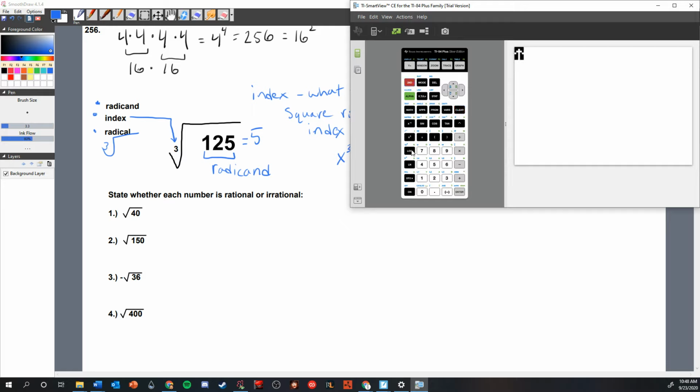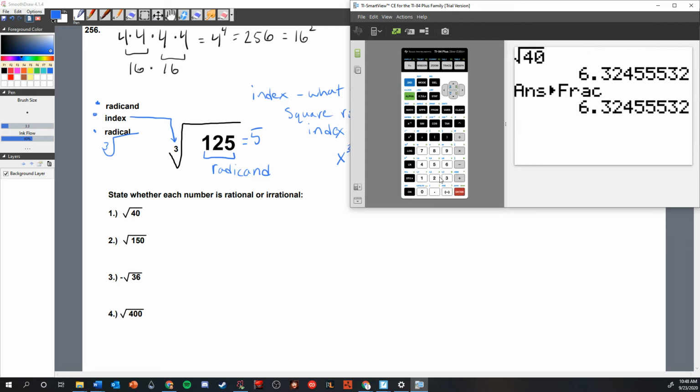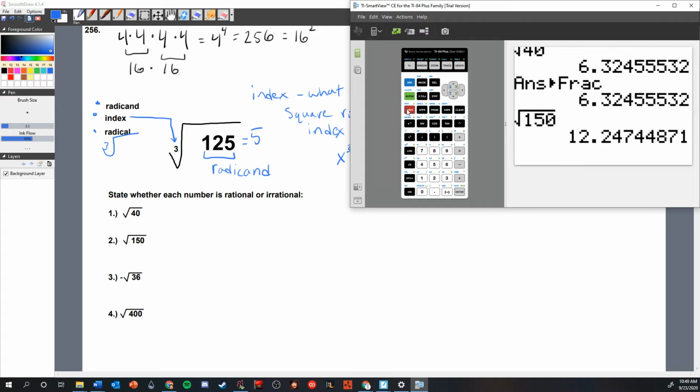So let's see. The square root of 40. I don't think I can write that as a fraction. Let's try math frac. Nope. So that's irrational. Let's try the square root of 150. Another gross decimal.